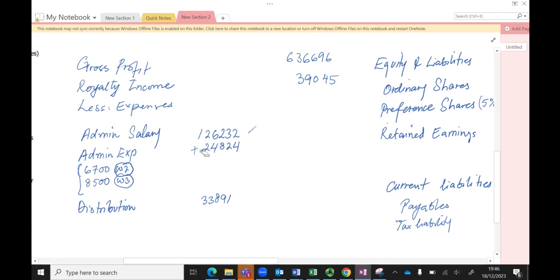So what I can do is I can erase this figure and write 40,024, and the administration expense, which was 24,000, I'm just going to record it over here, 24,824.